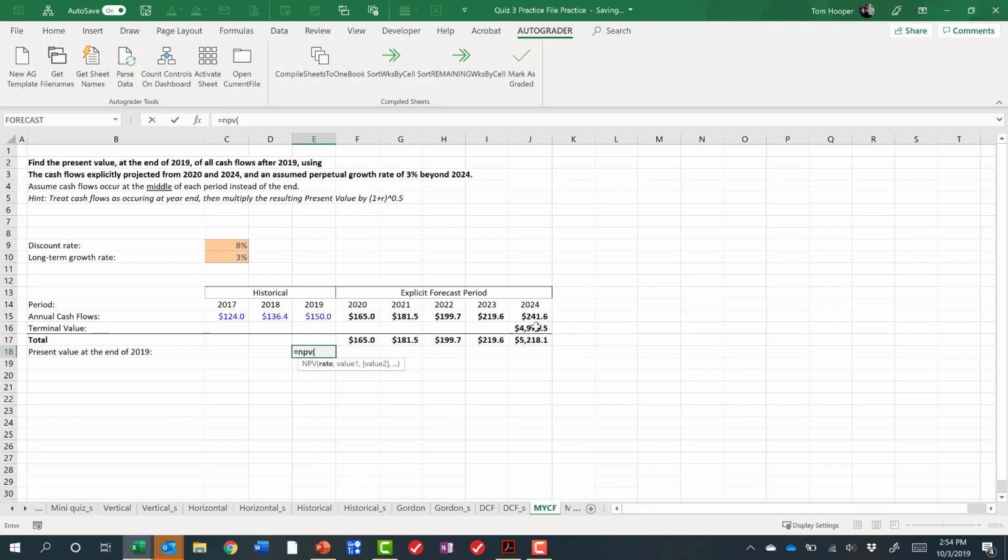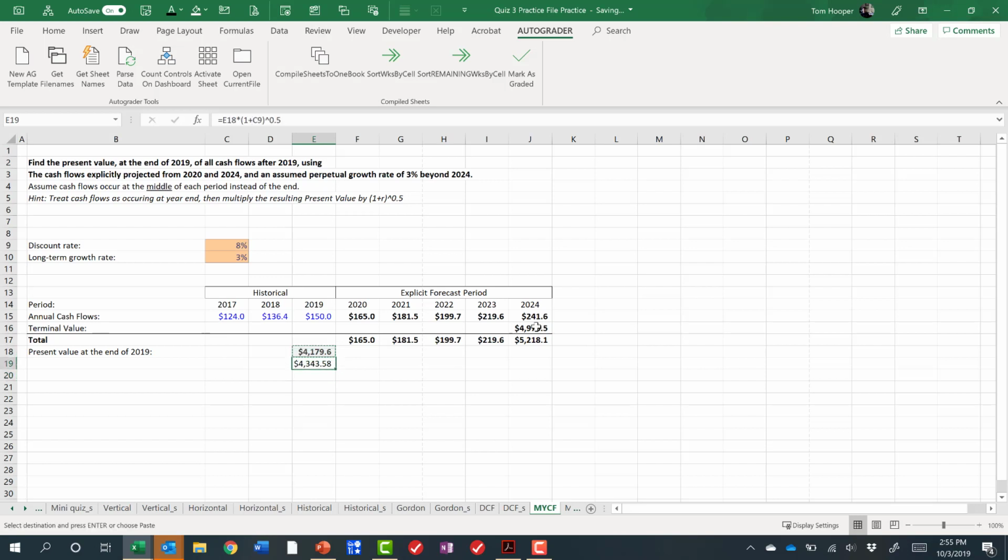Now we're still assuming that these cash flows are occurring at the end of the year. So there are two ways we could fix that. One is just take our answer and multiply it by 1/2 a period of growth, or excuse me, of discounting. Which makes it a little bigger.